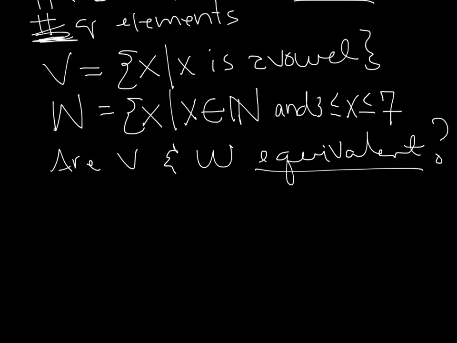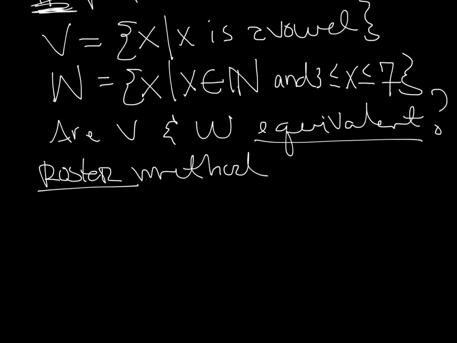Well, one way of determining this is, notice that this set is written in set builder notation, and this set is also in set builder notation, which I forgot to brace there. So I want to write it in roster method.